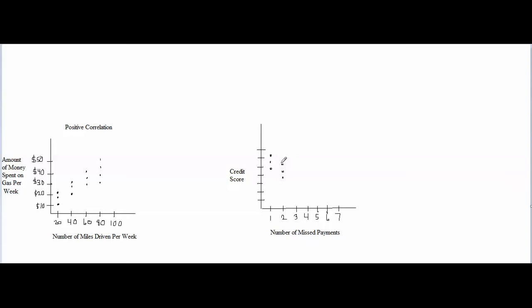So these credit scores aren't as good as these credit scores over here. And if some people tell us they missed 3 payments this year, their credit scores will be at an even lower part of the number line because they'll have even worse credit scores.